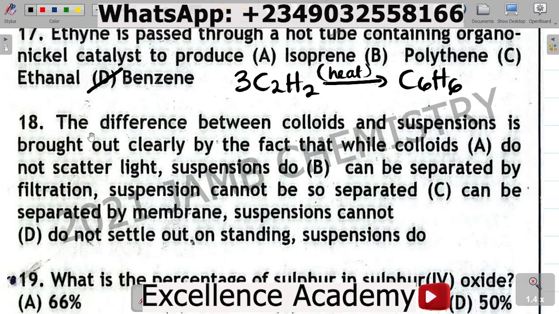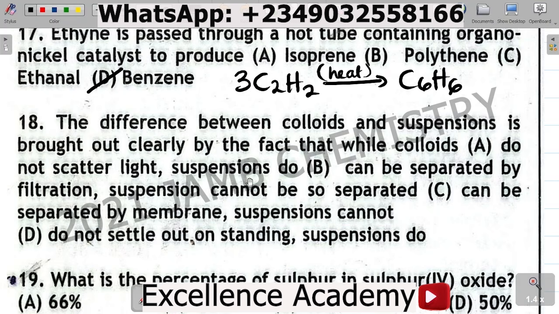Question number 18. The difference between colloids and suspension is brought out clearly by the fact that while colloids A, do not scatter light, suspensions do. B, can be separated by filtration, suspension cannot. C, can be separated by membrane, suspensions cannot. D, do not settle out on standing, suspensions do.